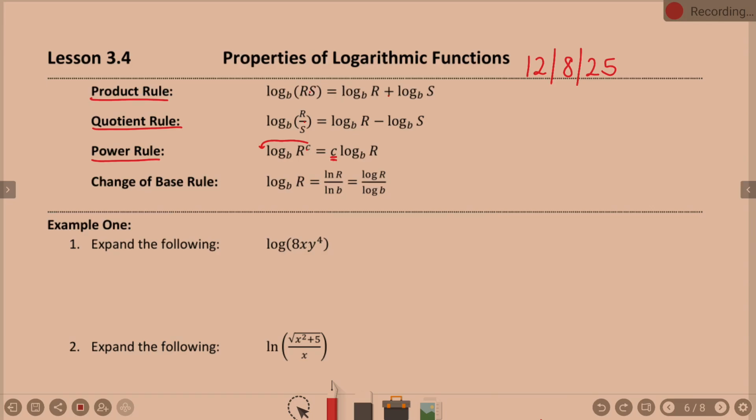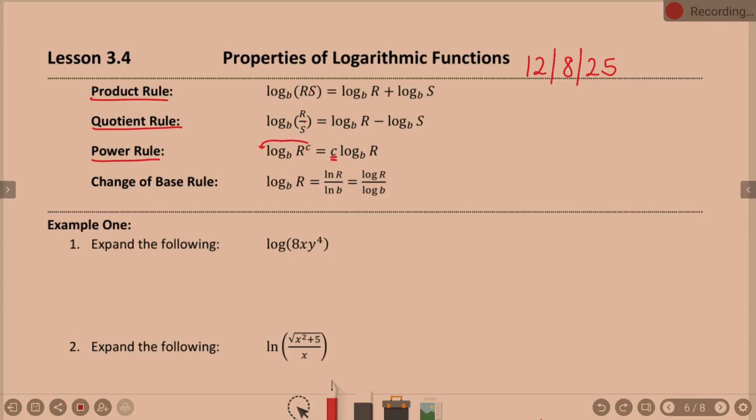And again, it's a useful tool when we're solving equations to be able to take that power and move it out front. Those top 3 are the ones that we will use to solve equations. And guess what lesson 3.5 is? Solving equations.